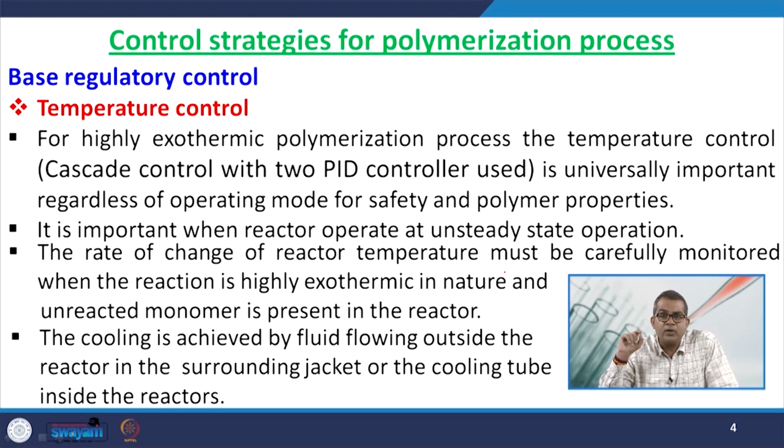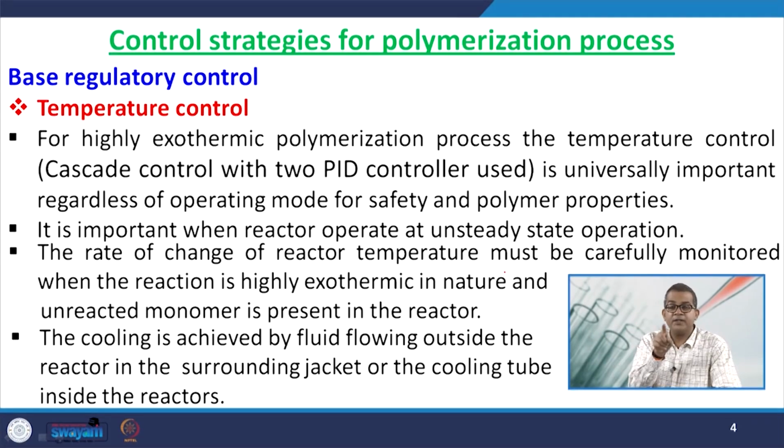Now it is important when the reactor operates at unsteady state. The rate of change of reactor temperature must be carefully monitored when the reaction is highly exothermic in nature and unreacted monomer is present in the reactor.